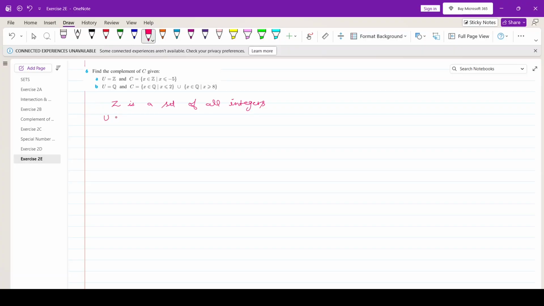And U, universal set, is equal to Z. Also, C is a set of all x such that x is an integer less than or equal to -5.